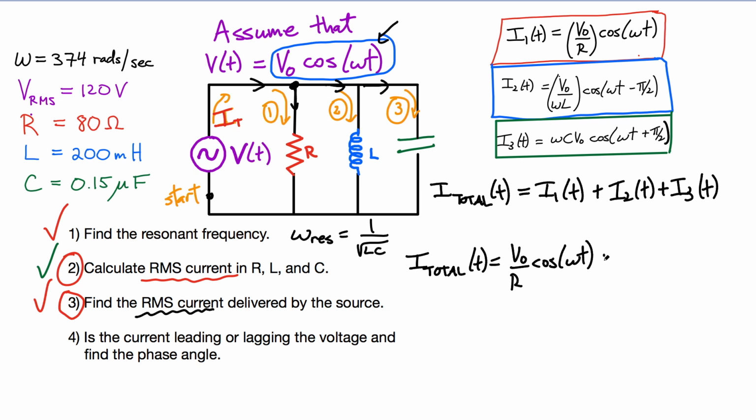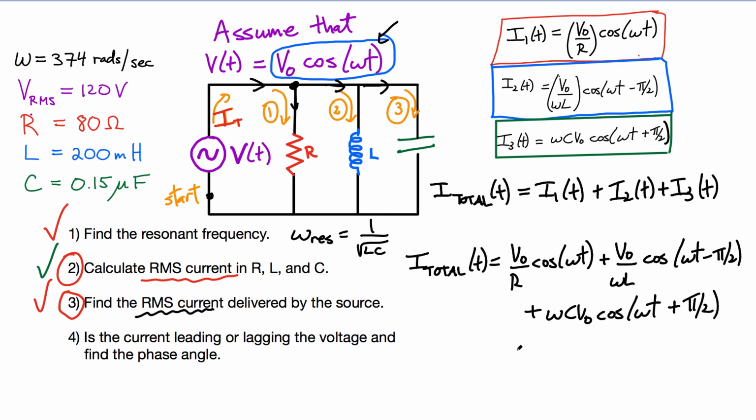Our second term now is V naught over omega L, and again this is cos of omega t minus pi over 2, and then there's still this last term over here. Let me just write it over here, omega C V naught cos of omega t plus pi over 2. So we actually have three contributions.